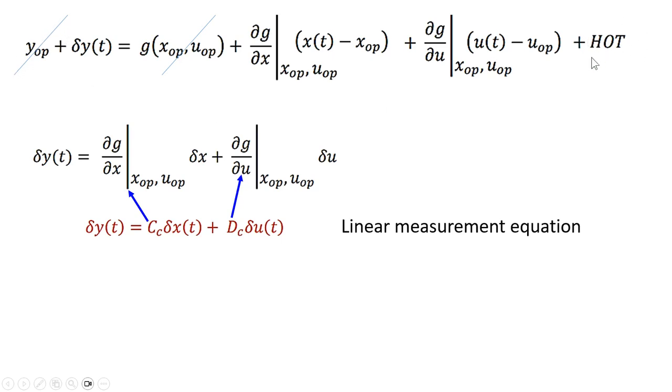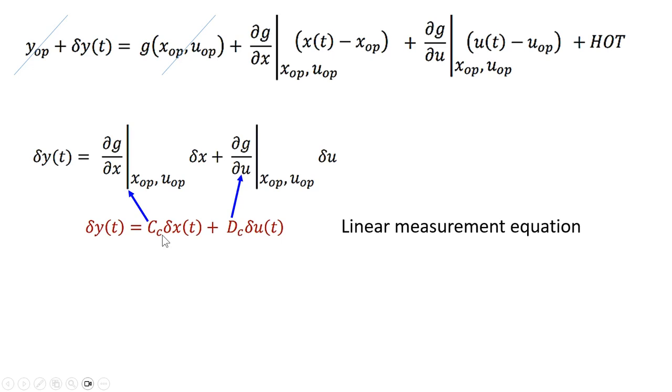These two terms are the same, so they cancel out each other, because if you put the operating point here, then we get y operating point. This term is a system matrix, and similarly, this is also one of the system matrices. This is CC and this is DC. Then we get the measurement equation, which is linear in nature.